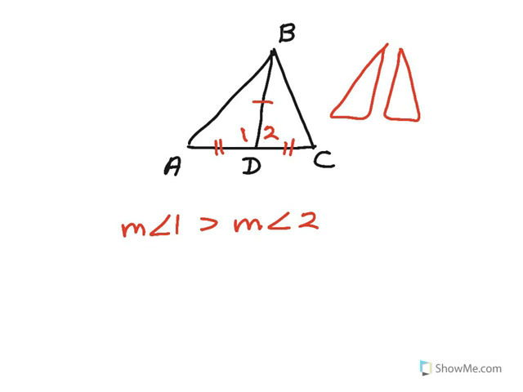I'm looking at two triangles that look like this, but I'm told that the bigger angle is angle 1 and the smaller angle is angle 2. So I now know that opposite angle 1 has to be bigger than the side length opposite angle 2.